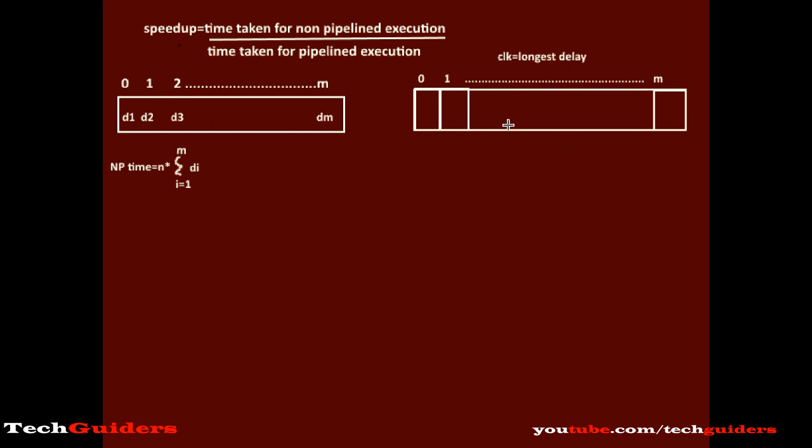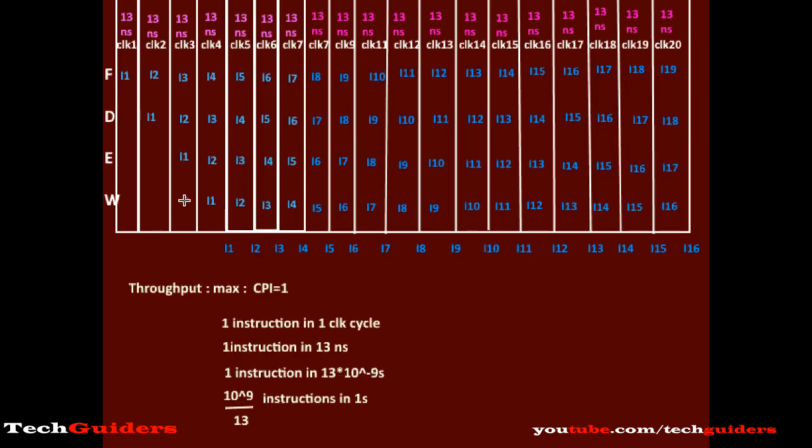Now what is the execution time for this pipeline execution? We know that in pipeline execution, it takes some time to fill the pipe, and from then on for every instruction it will take one clock cycle. Hence, to get the first instruction out, the time taken is the number of phases into the clock period, and then on for every instruction the time taken is one clock cycle.